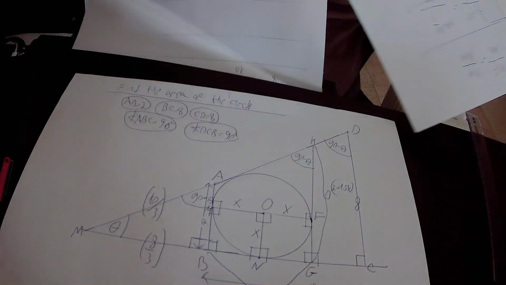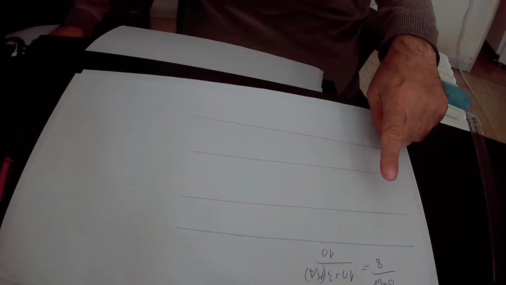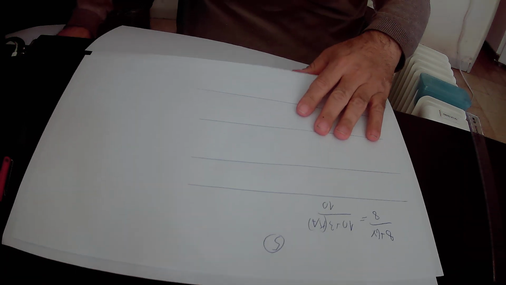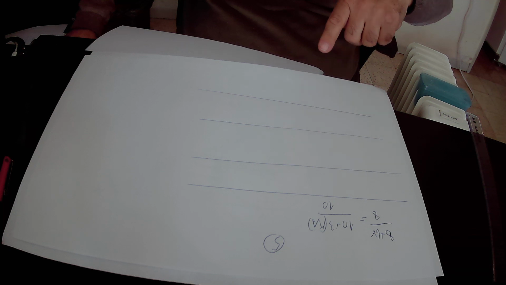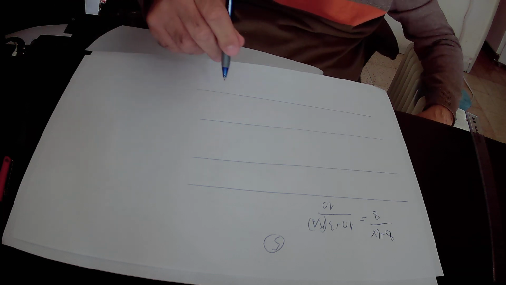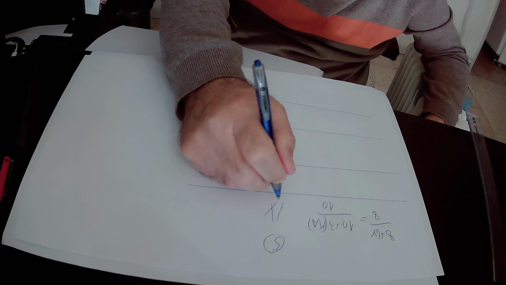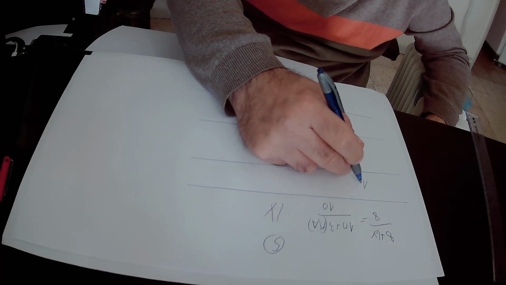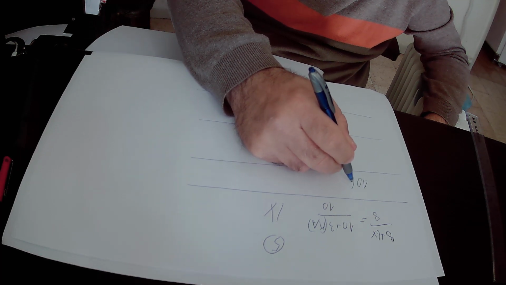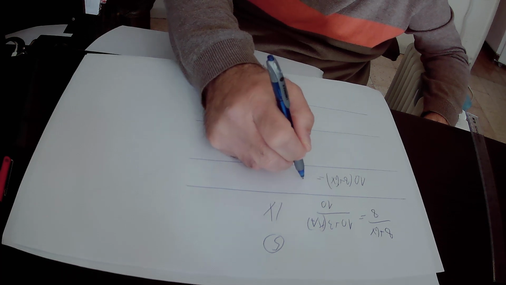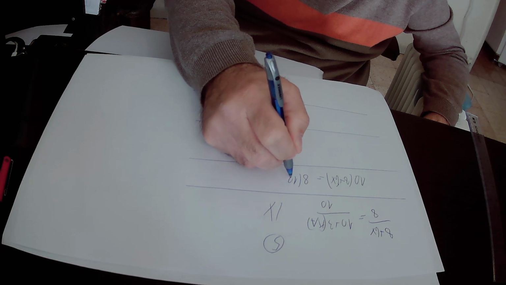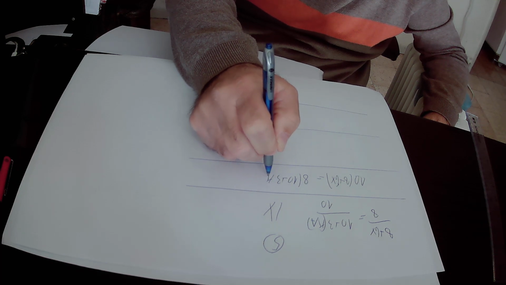Repeat again, after we cancelled 3, we are left with 8 plus 6x over 8 equals 10 plus 3KA over 10. We will cross multiply this equation and we get that 10 times 8 plus 6x equals 8 times 10 plus 3KA.